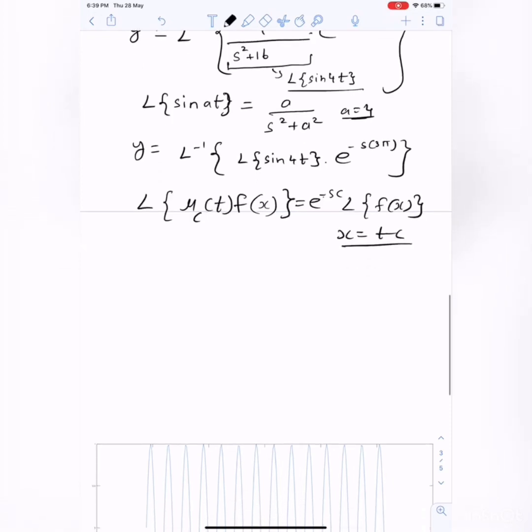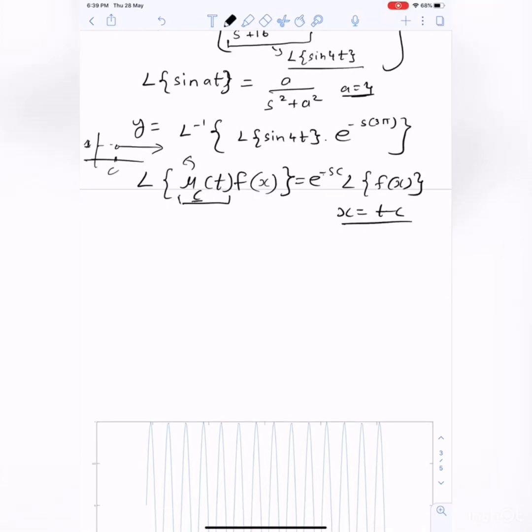Here by mu of c I mean the step function which is starting from c. Basically mu subscript c is a way of representing the step function. It would be 0 till c, then from c it would start with the value of 1. There may be other ways to write it, but this is a very simple way, mu subscript c.